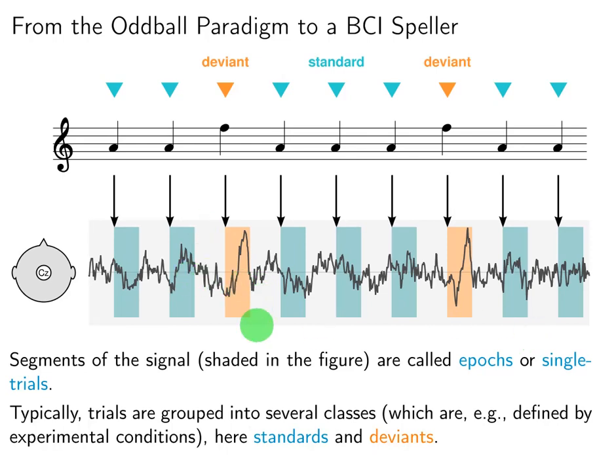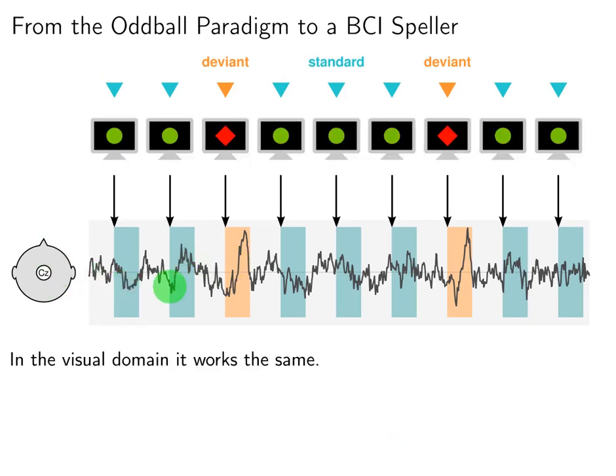Note that this data is acquired from auditory stimuli, right? When you hear different notes, you can still get different brain responses. Well, this also works in the visual stimuli case.